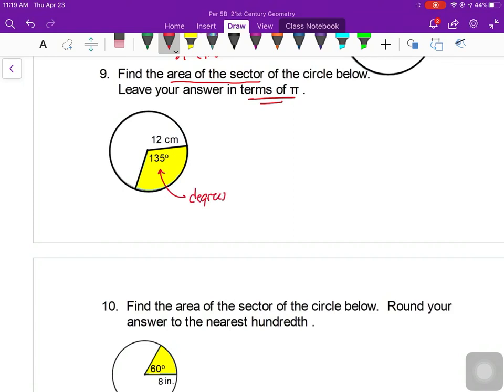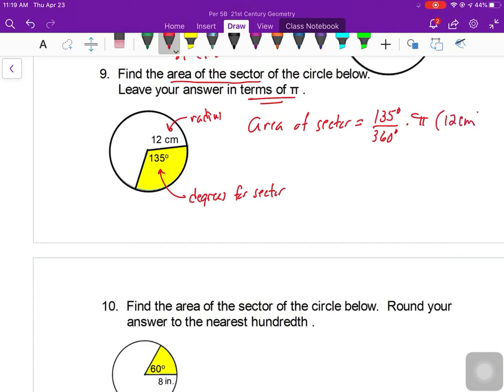They've given us the degrees for the sector, and they've given us the radius. So to get the area of the sector, we'll take the fraction of the circle, which is 135 degrees out of 360 degrees, times pi, times that radius squared.